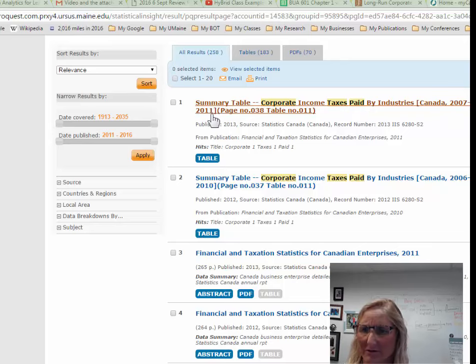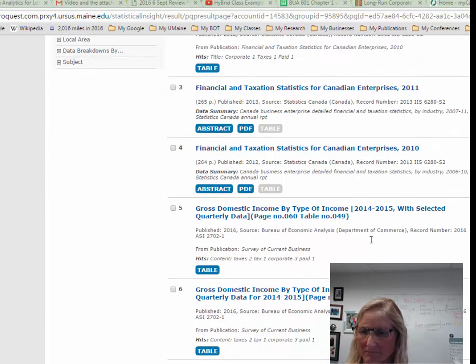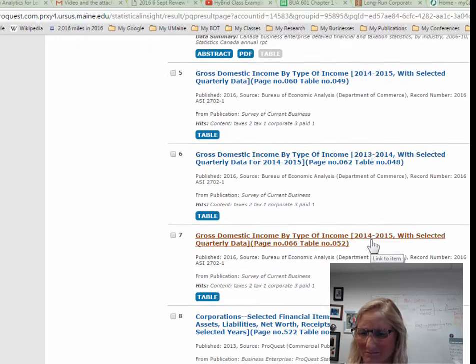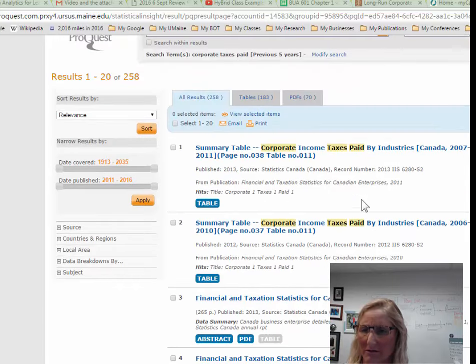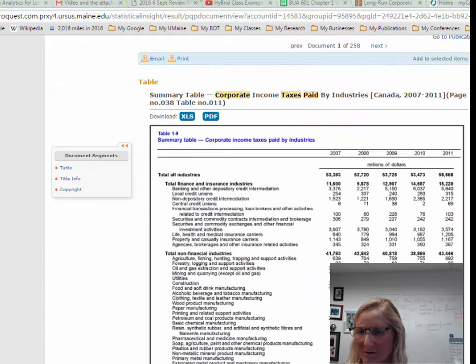Here we go. Summary of corporate income taxes paid by industry from 2007 to 2011. Here we have another summary table. So let's go ahead and click on one of these.